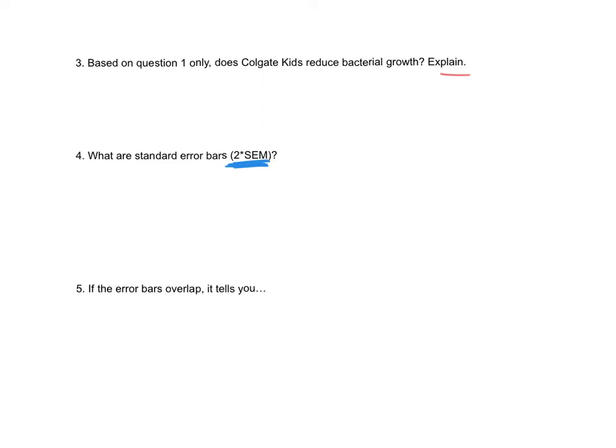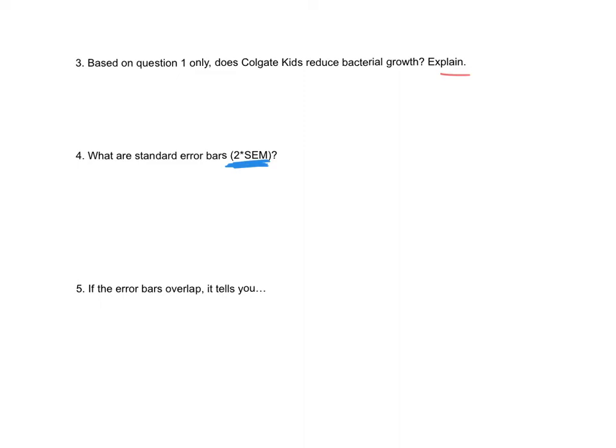So standard error tells you how spread apart the data is. So it's a measure of how much variation there is in the data. If I were to be comparing, let's say only 3 plates, so instead of 30 like represented in the graph, I'm just going to narrow down and focus on 3.